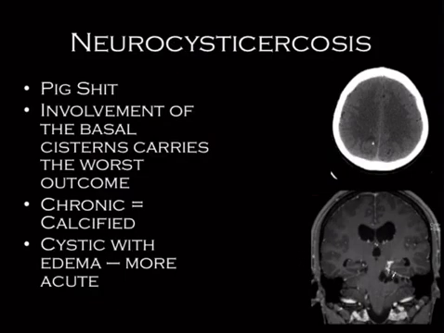Another way to show it is a bunch of holes in the head. Remember that it's from eating contaminated pig stuff. Pig poop as the carrier or whatever. It's a parasite. Typically, involvement of the basal cisterns has the worst outcome.